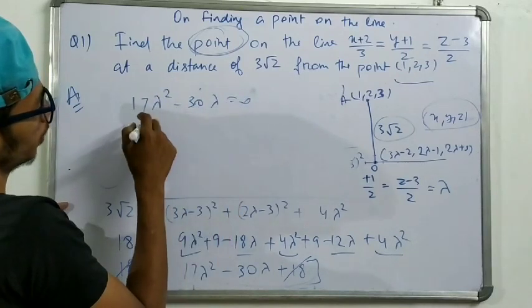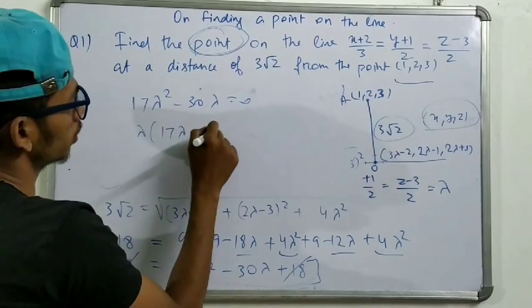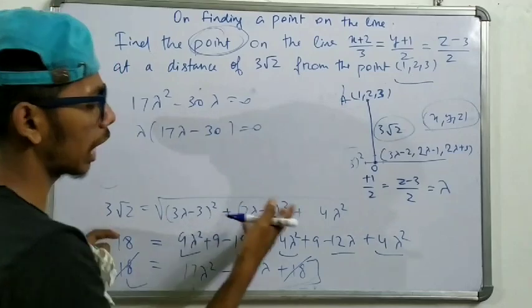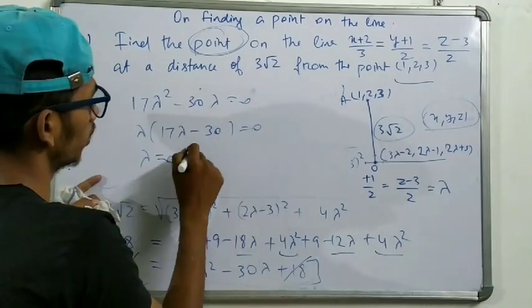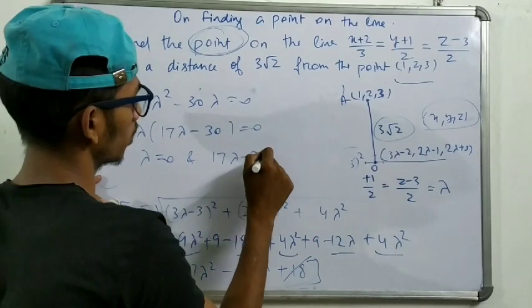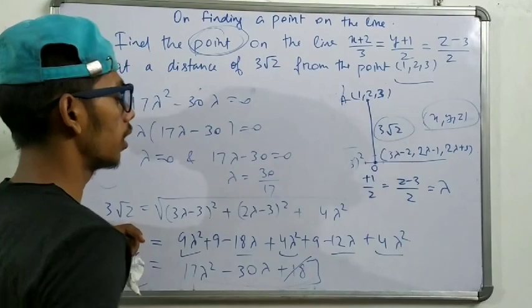Then I'll take lambda common, then 17 lambda minus 30. You can see whether I'm doing the calculation correctly or not. Okay, lambda equals 0, and 17 lambda minus 30 equals 0. Then lambda equals 30 by 17.